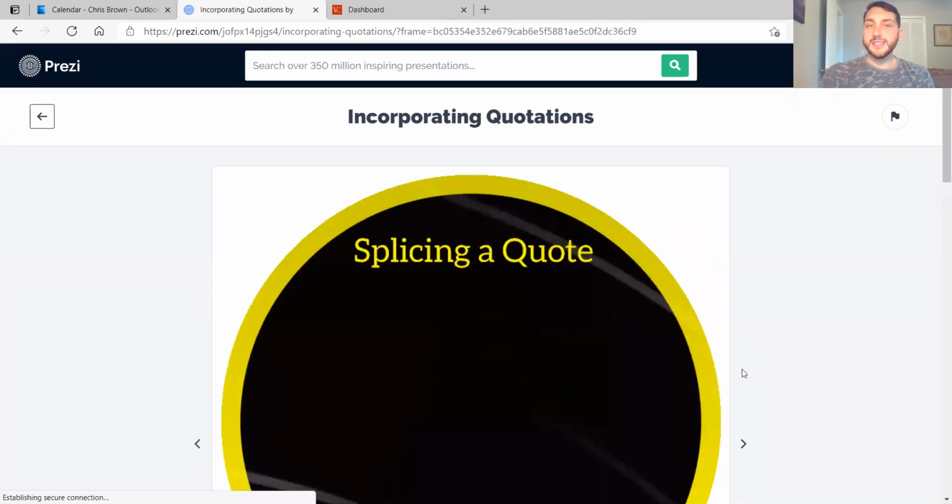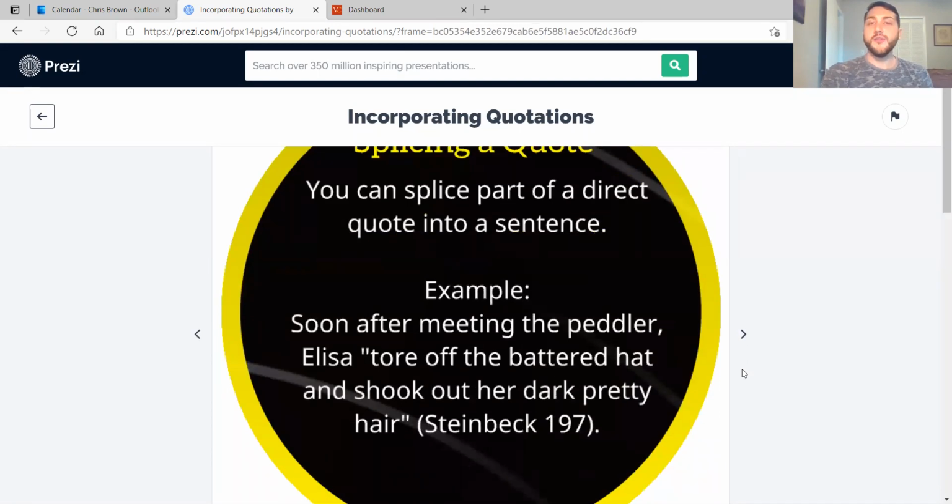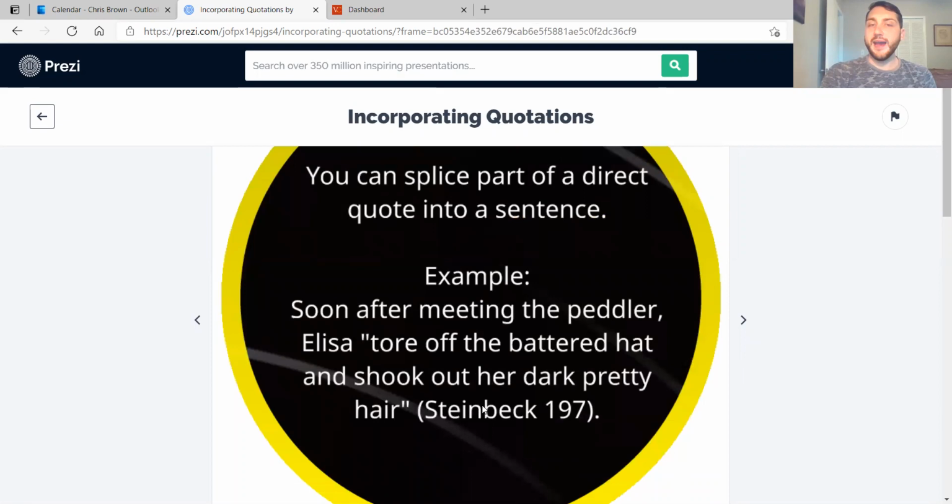So you may also need to splice a quote, and you can splice part of it into a sentence. So you might say something like, soon after meeting the peddler, Elisa tore off the battered hat and shook out her dark, pretty hair. So you see here we have the MLA styled citation there, which is the last name of the author and the page number of the direct quote. Whenever you try to include a quote with page numbers, you need to tell us what page that quote actually came from.